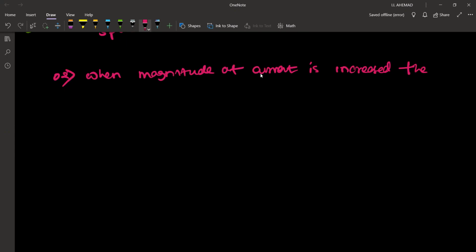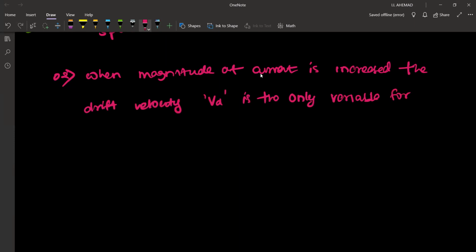So we can say that when the magnitude of current is increased, the drift velocity Vd is the only variable for a given conductor. Other factors remain constant.